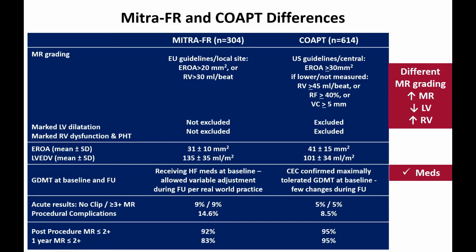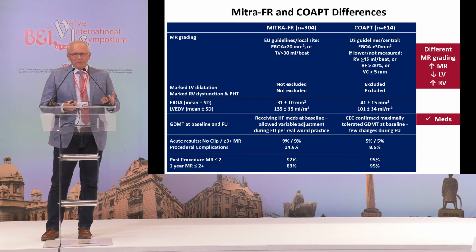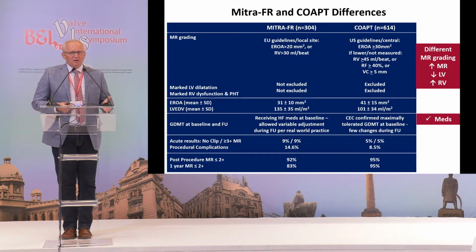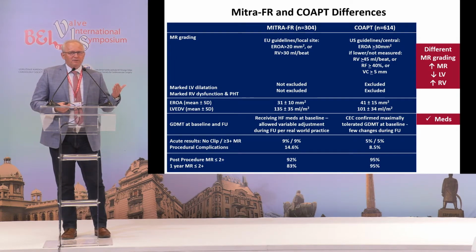The second difference is the practice, how the patients were entering the study. MITRA-FR is reflecting the real world. You have a patient, you see the significant MR, he's on the meds, but you take a decision, hoping that the intervention allows you maybe to titrate medication further.